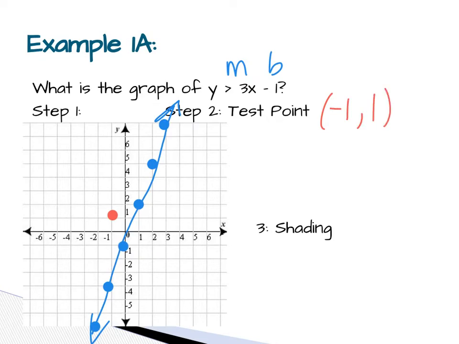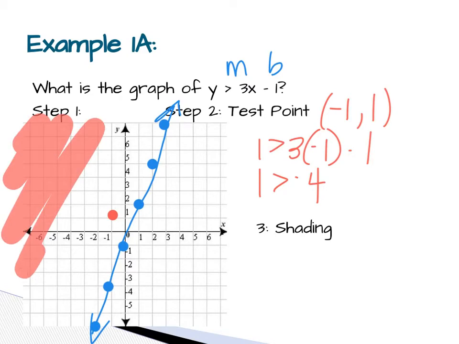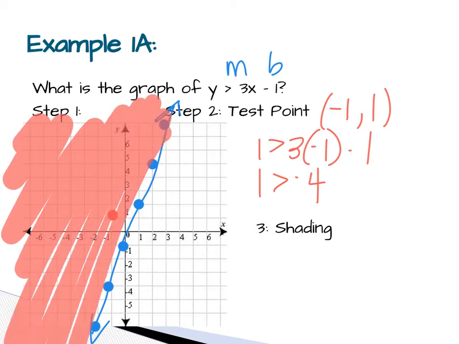And then you just plug them in for x and y. So you get 1 greater than 3 times -1 minus 1, which is going to be 1 greater than -4, which is true. So you are going to shade that side of the graph. So wherever your test point is, that's the side you shade.